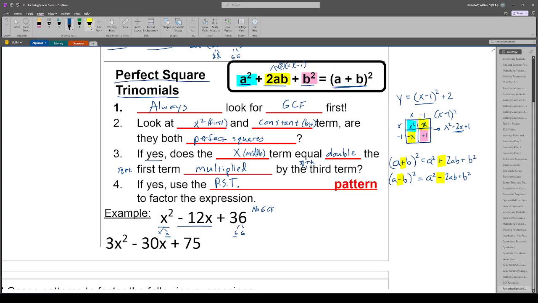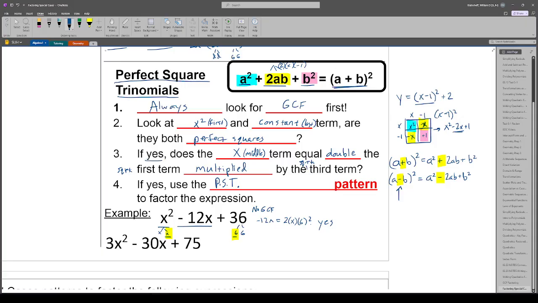We're looking at these square root factors. So we say, is negative 12x equal to 2 times x times 6, and it is. So we're not worrying about the negative because remember that just changes the sign here in our factored version. What we really care about is the number part.